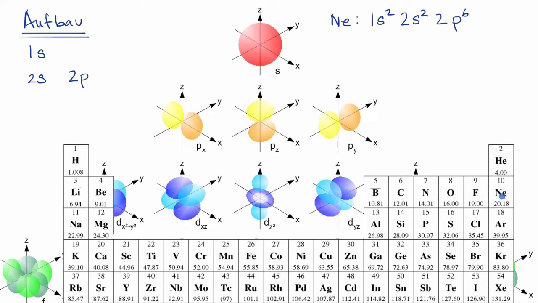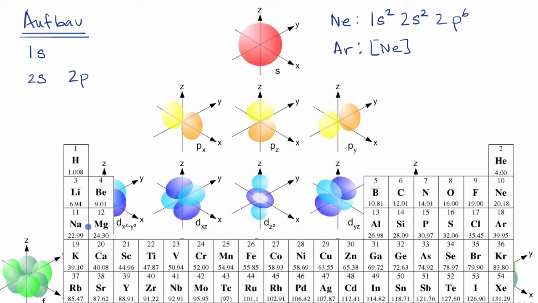Now, what's going to happen if we were to go to, say, argon? So if you're going to go to argon, what will that electron configuration look like? Pause the video and think about that. Well, we can use the noble gas configuration or the noble gas notation. We could say, all right, we're going to be building off of neon. So we're going to have the electron configuration of neon, but then we're going to add electrons into our third shell.